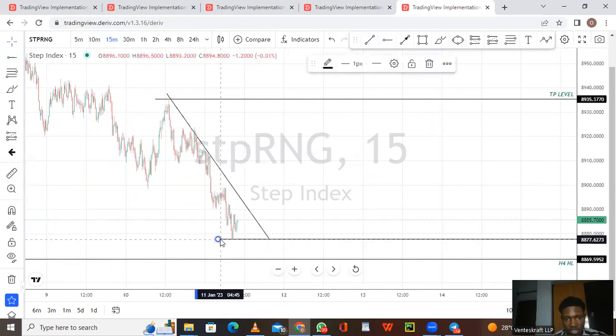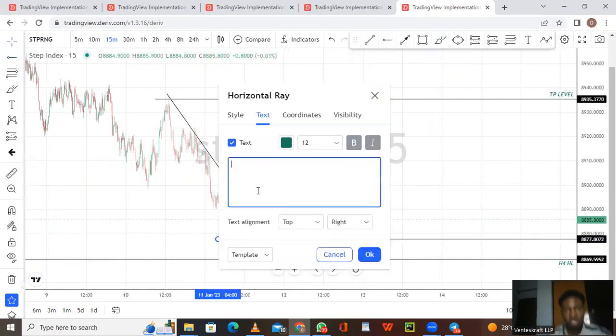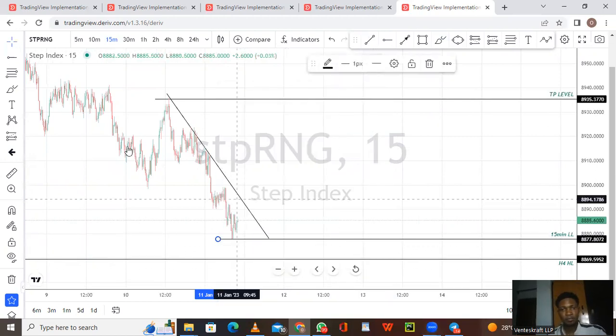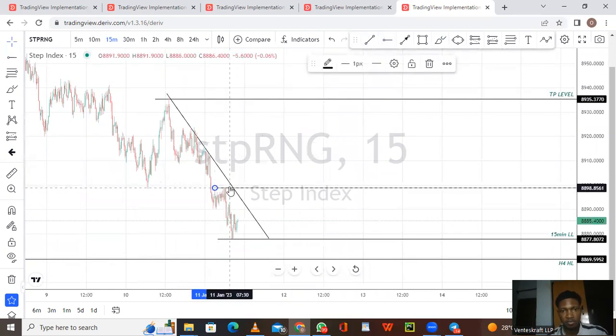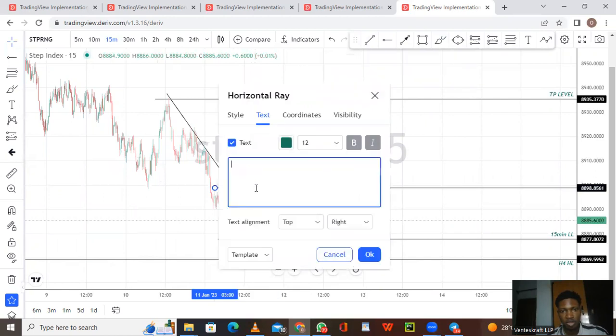I can call this point 15 minutes lower low. And then this was the 15 minutes, this was 15 minutes, this was 15 minutes lower high.